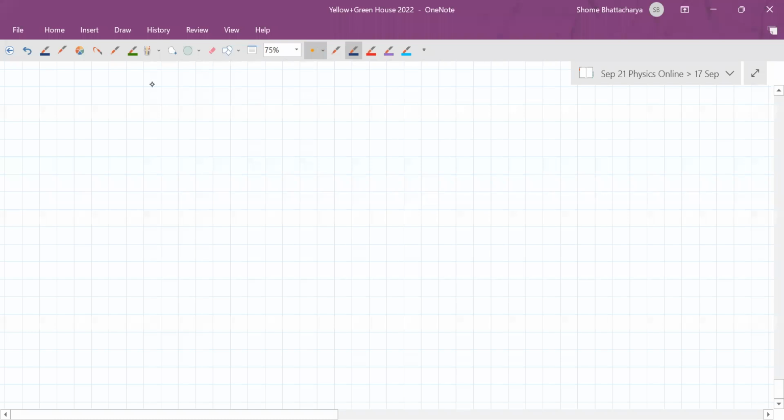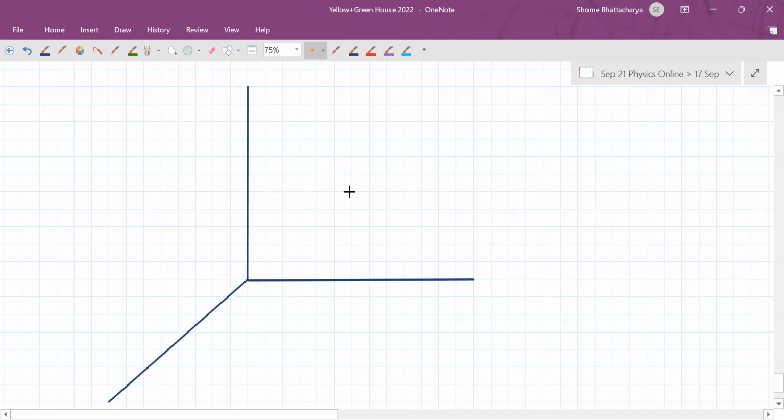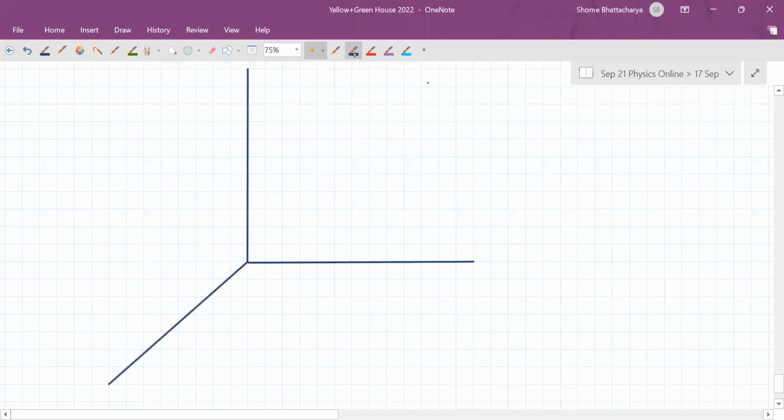For small displacement, from this initial state, let's say this point is moving with a velocity v along this direction, along this symmetry axis, which we have taken as the x-axis.